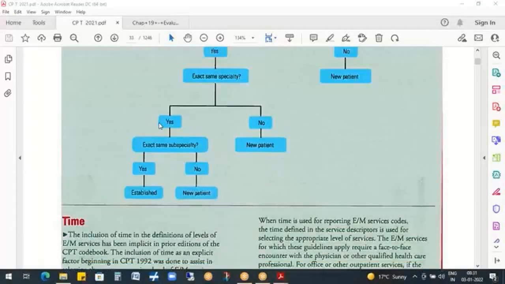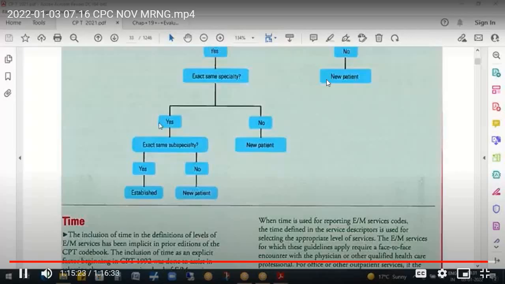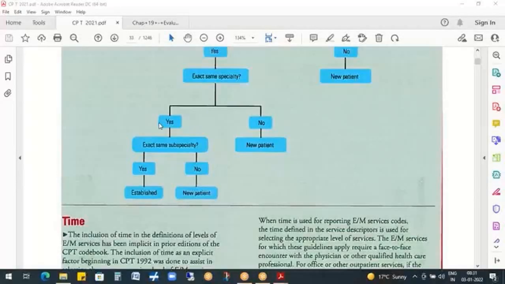You need to identify the place of service: is the initial place of service and the treatment ended place of service the same or different? If it is different, we will code only from the treatment ended place of service. Then for that place of service, you need to understand whether he is a new or established patient, initial or subsequent. That level of evaluation we need to do.